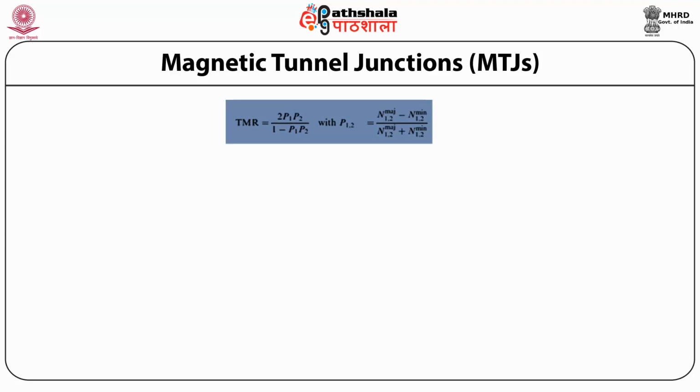The change in resistance between anti-parallel and parallel magnetization normalized to the parallel resistance is given by TMR equal to 2P1P2 divided by 1 minus P1P2, where P1,2 is equal to N1,2 maximum minus N1,2 minimum divided by N1,2 maximum plus N1,2 minimum, where P1, P2 are the so-called tunneling spin polarizations determined by the relative difference in density of states at the Fermi level.